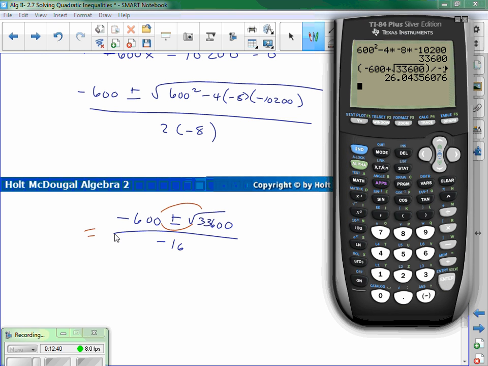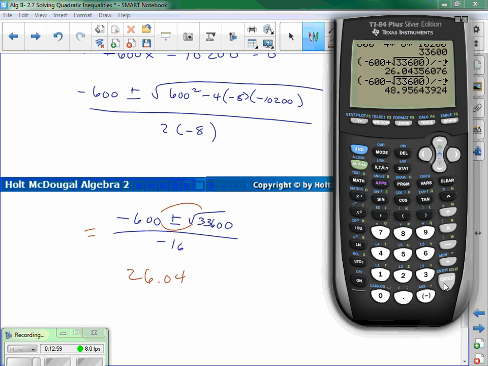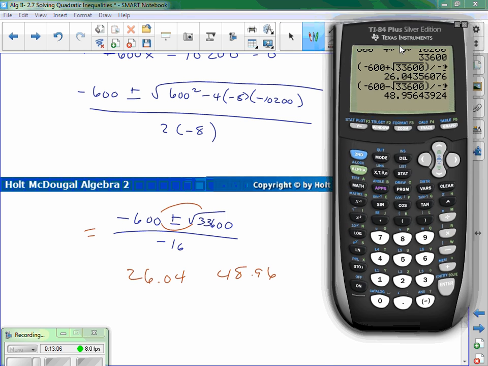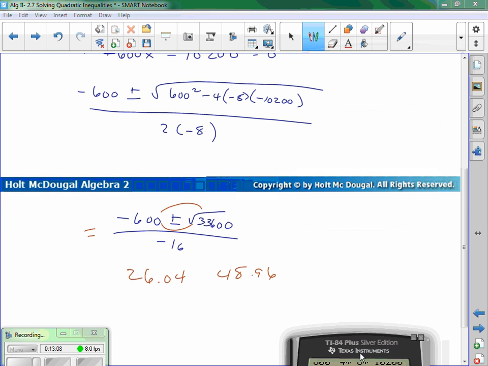So I have 26.04. Second enter. Change that plus to a minus. Second answer is 48.96.